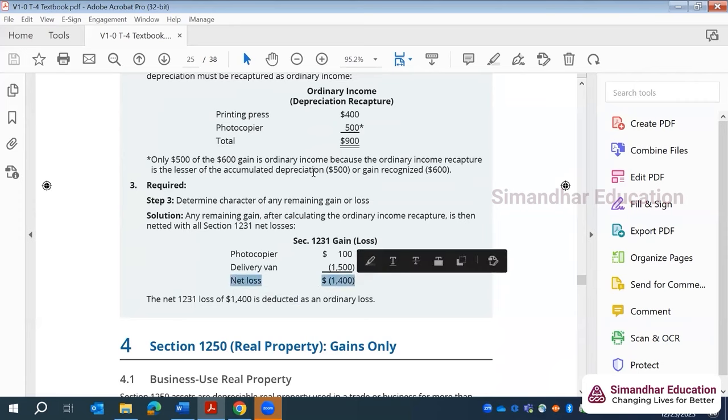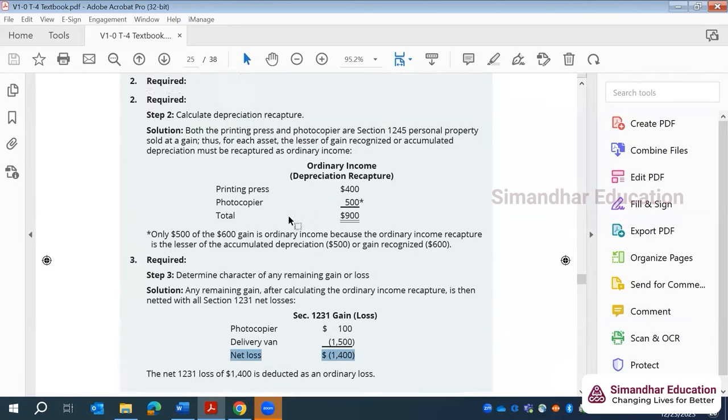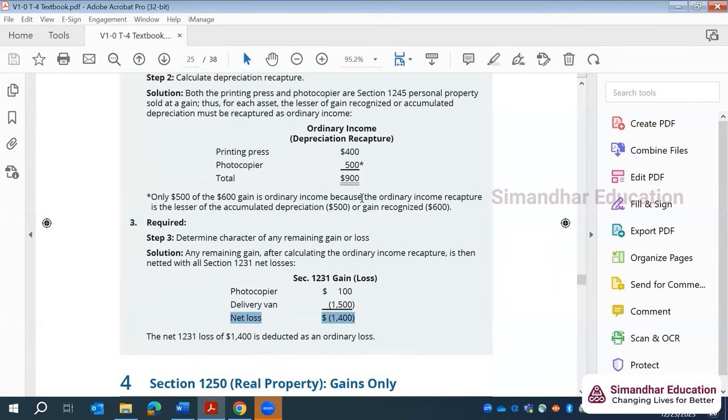So what is my net section 1231 loss? It is $1,400. What is my section 1245 gain? $400 for the printing press and $500 for the photocopier. So of this, $900 is going to be my section 1245 gain, which will be treated as ordinary.